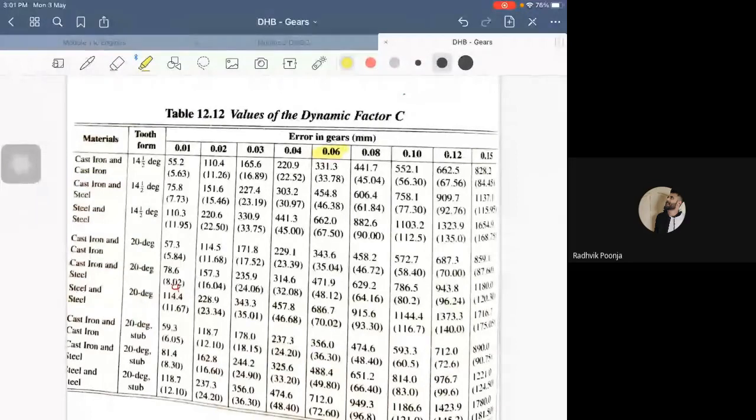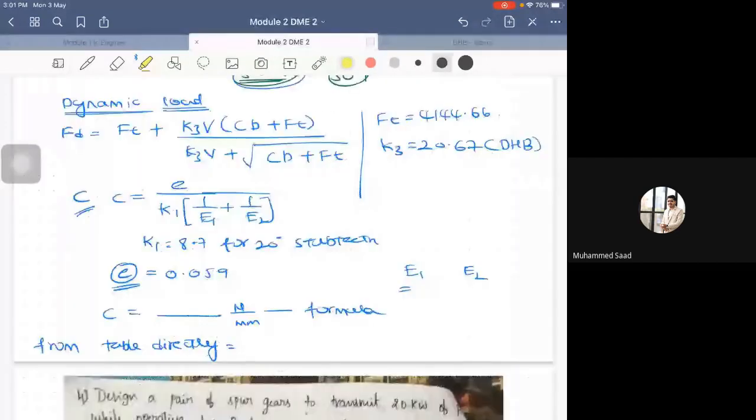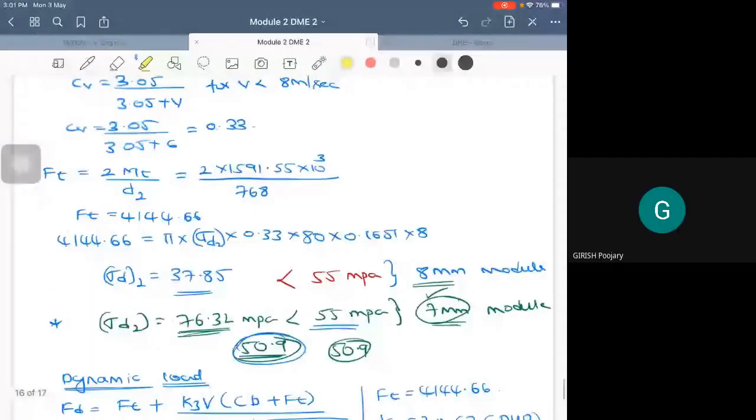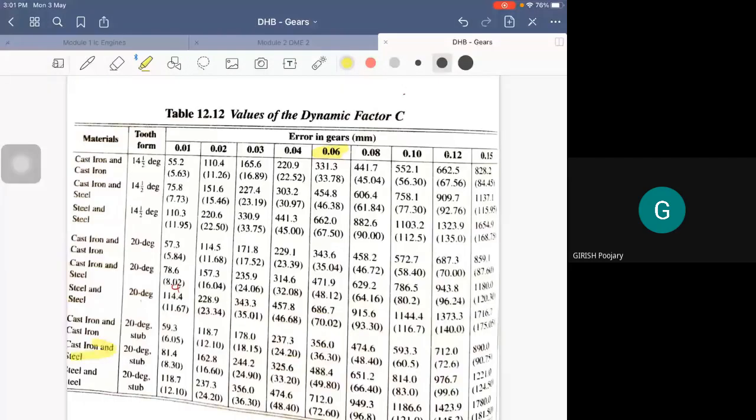Now we need 20 degree stub. So it is cast iron and cast steel, I guess. Correct? Yes, sir. Cast steel, so cast iron and cast steel means this. The value here is 488.4.